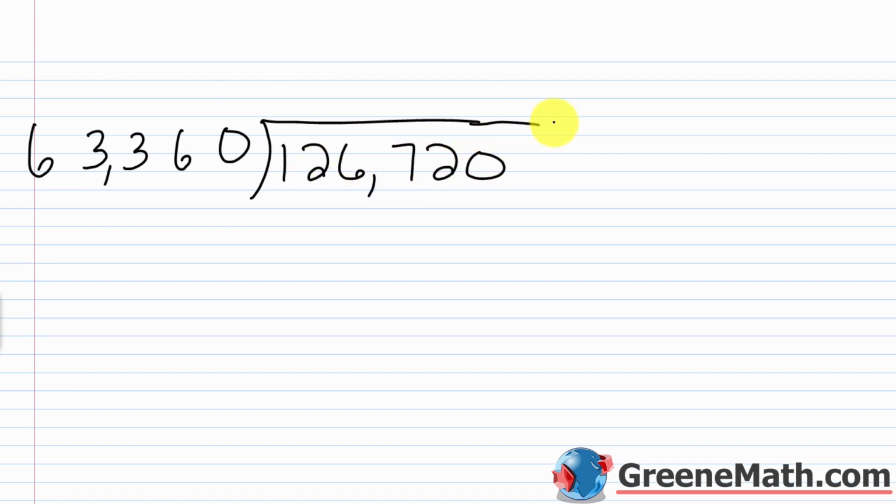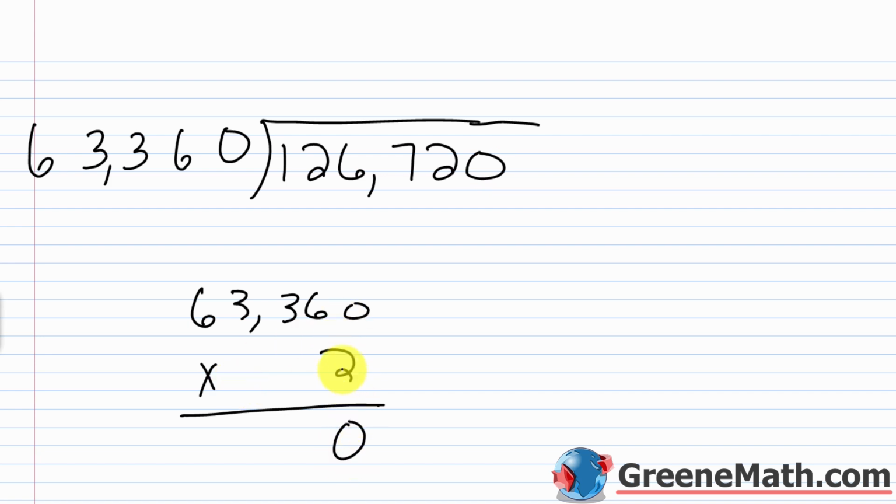Now, these are pretty big numbers to work with, but if you eyeball them, you'll notice that if you estimate this first number as 60,000, and you estimate this as 120,000, you can see that this times 2 would give you this. So based on the way that problems are designed, you can eyeball this and guess that the answer would be 2. So let's just multiply 63,360 by 2, and see what we get. We're probably going to get this.